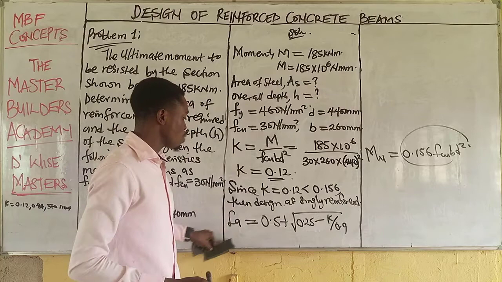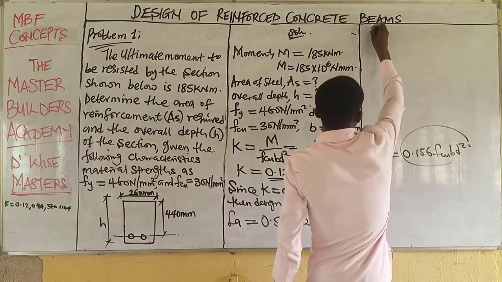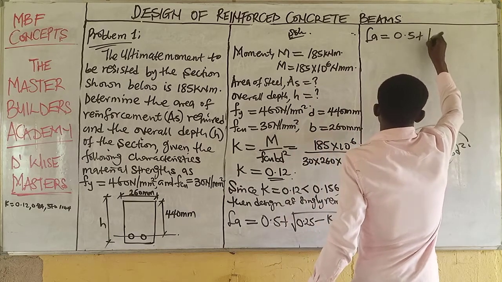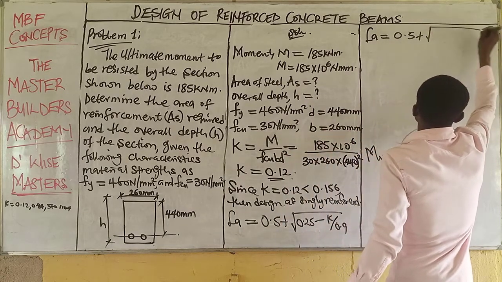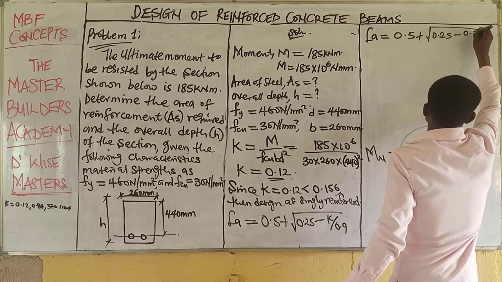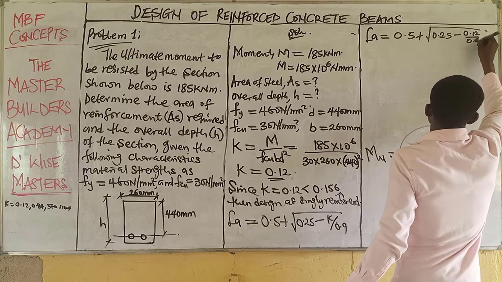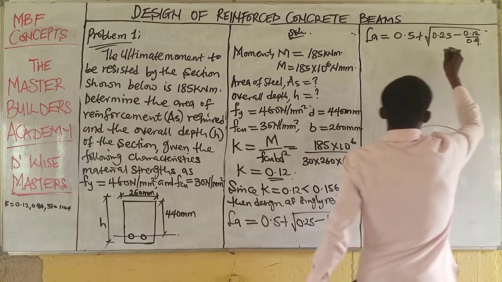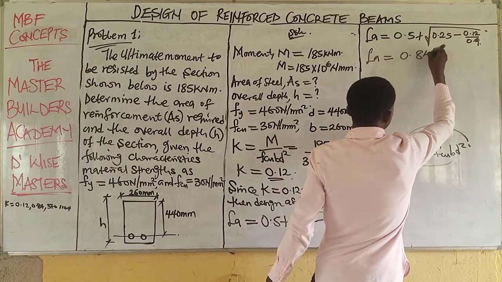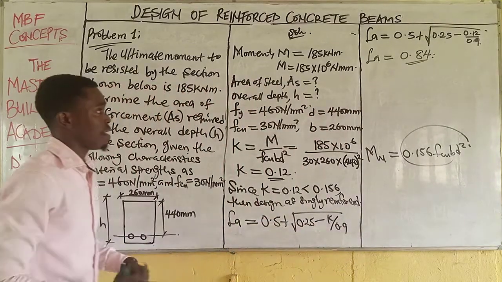And from what we have here, we substitute the value of K, then we have LA is equal to 0.5 plus the square root of 0.25 minus 0.12 all over 0.9. So when we simplify this, we have this as 0.84. This is the value that we have.